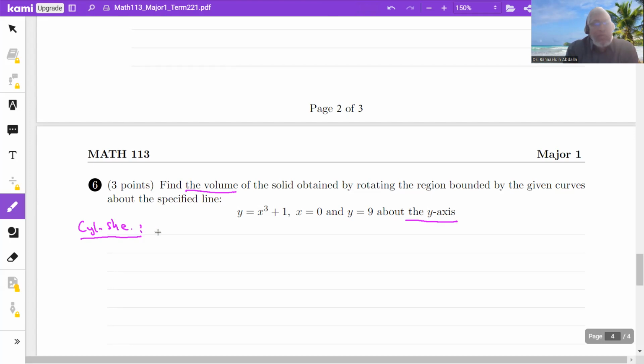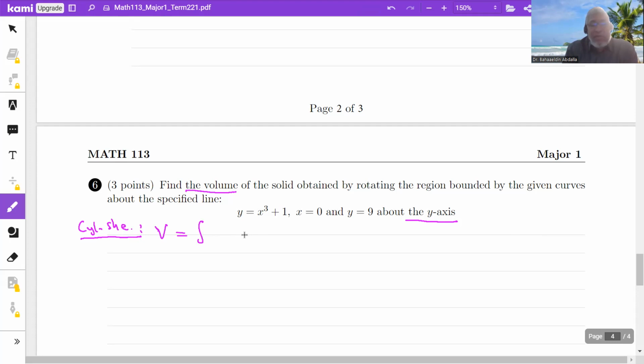Well, the formula for cylindrical shells, if we are going to rotate about the y-axis, then we take a typical rectangle parallel to the y-axis. And the width of the rectangle would be dx.